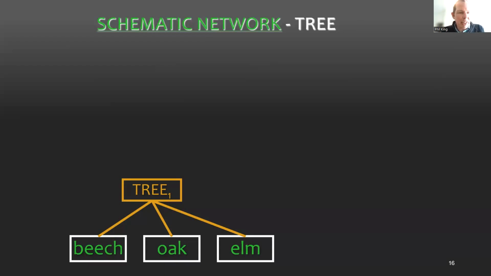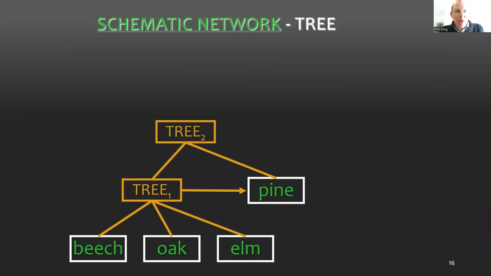However, then perhaps that child discovers that pines are also referred to as a tree. And so we have to revise our concept. What was tree 1 now becomes tree 2, which has to include as well the idea that a pine might be a tree.